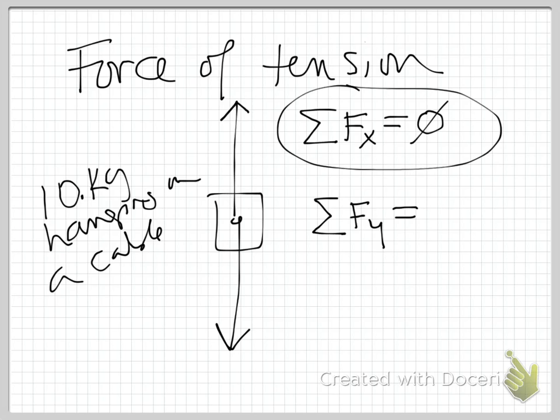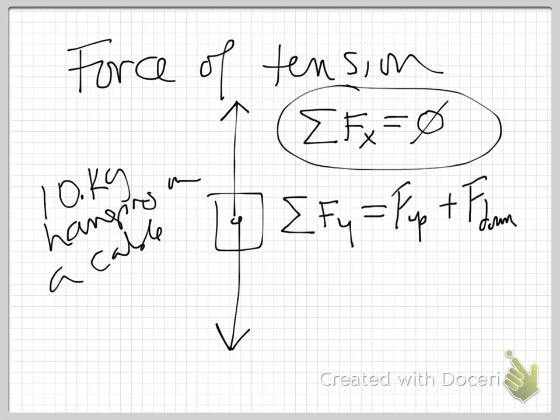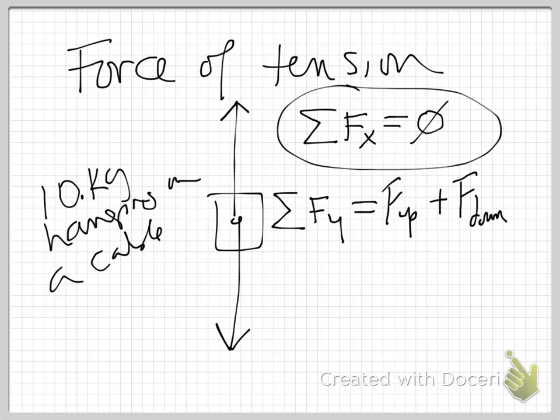Sum of forces on the y. Now, I don't know why physics students always chuckle when I say, well, they're equal to the force up plus the force down. And is this thing moving? No, it's just hanging there. So the force up plus the force down is equal to 0.